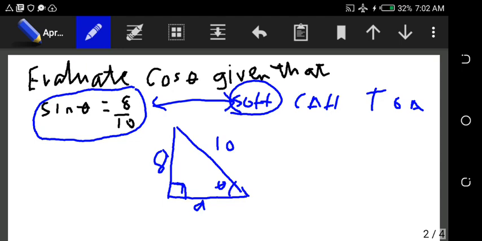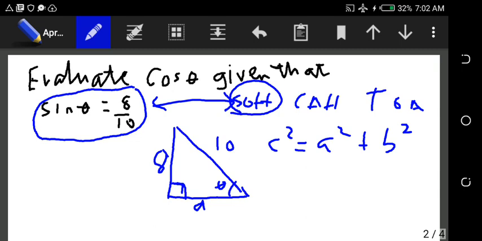But you know that this is a right angled triangle, and for every right angled triangle, you can get the value of the missing side using Pythagoras theorem, which states that c squared is equal to a squared plus b squared, where c stands for the hypotenuse and a and b stand for the other two sides.